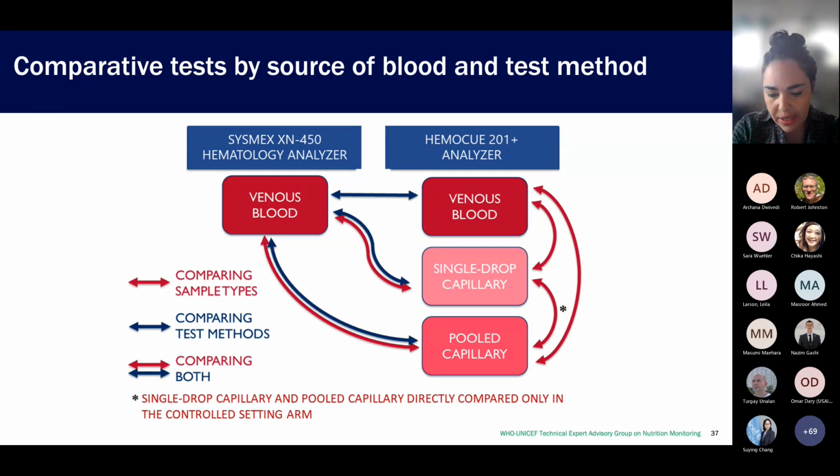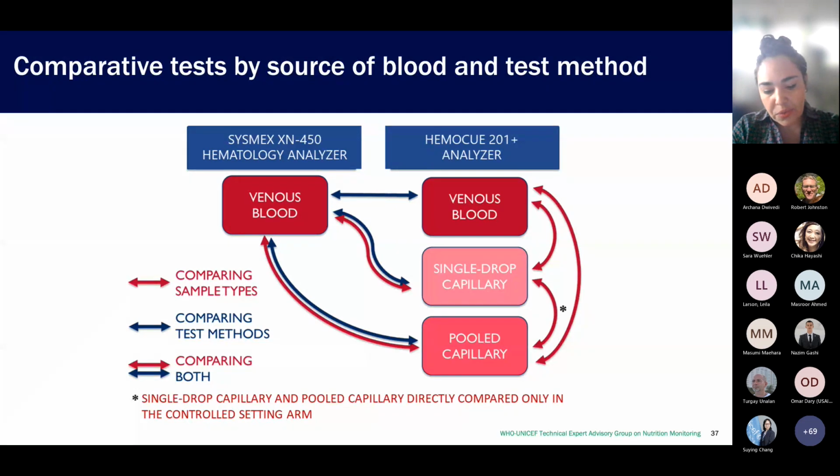So essentially what I'm showing here is the types of comparisons that we made. We assessed the agreement between paired hemoglobin concentration of the gold standard, as I said, venous blood on an autoanalyzer, against blood type measured on a HemoQ 201 plus analyzer.